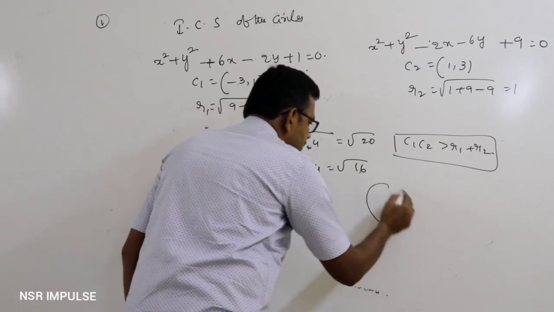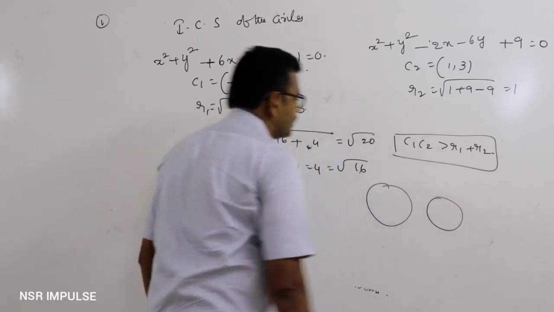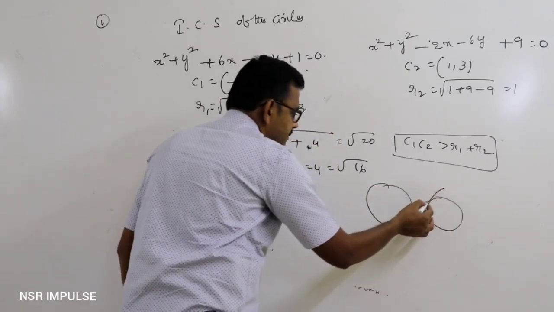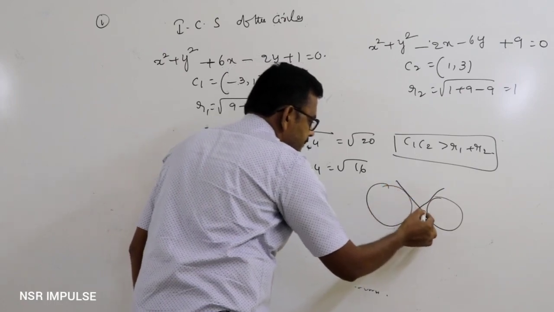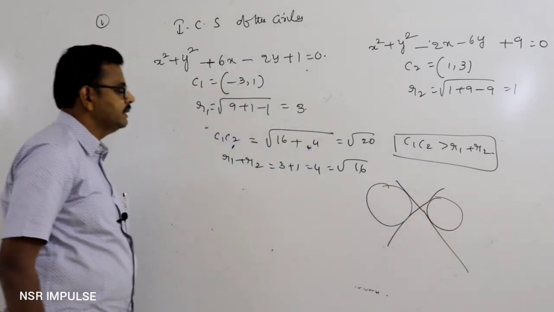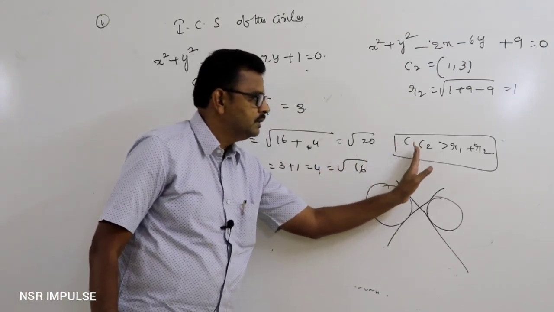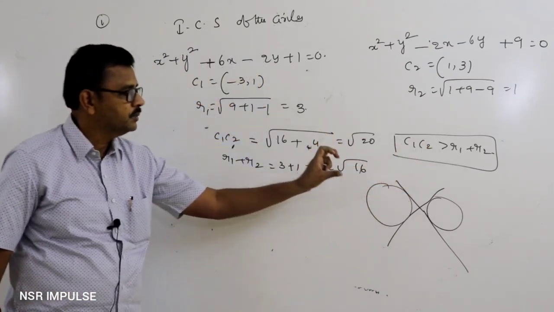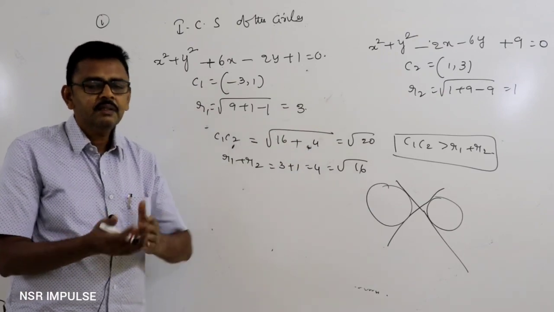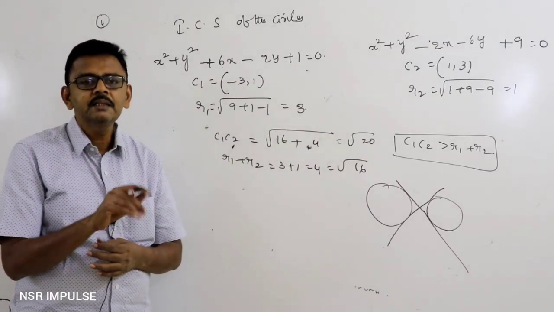That means the two circles are like this. Therefore, the internal center of similitude exists. But in general this is not compulsory. Suppose you have to check whether the internal center of similitude exists or not.